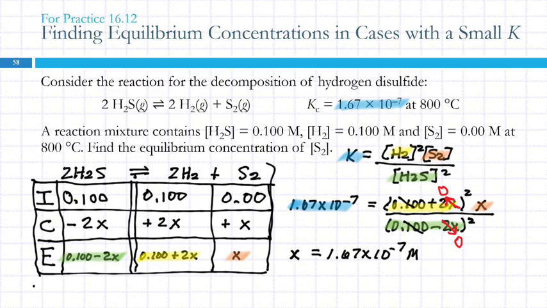Then we have to check, do the test. So we take x, the x that we calculated, we divide it by the number that it was added to or subtracted from. We multiply by 100.